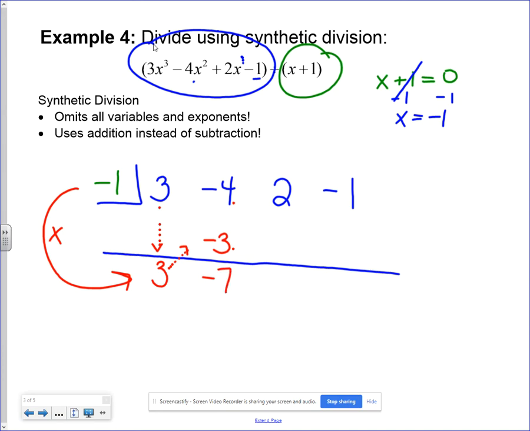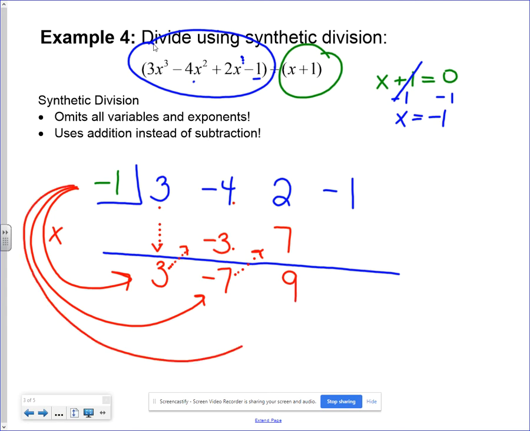And then you're going to do the process all over again. You're going to take -1 times -7 and write your answer over here. -1 times -7 is 7. 2 plus 7 is 9. And then take -1 times 9, which is -9. Add these together, you get -10.